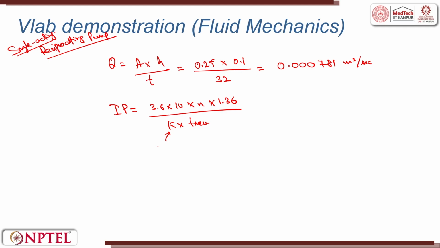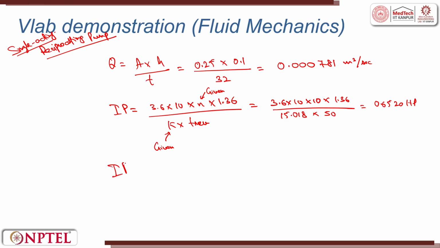Here K is given and N is given. Putting the values, 3.6 into 10 into 10 into 1.36 by value of K is 15.018 into time it took was 50 seconds. This value turns out to be 0.6520 horsepower.